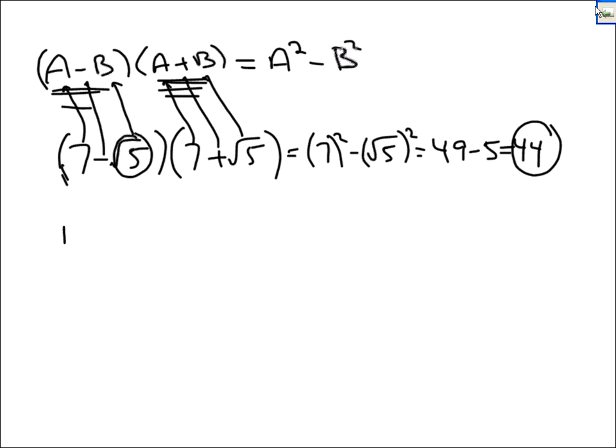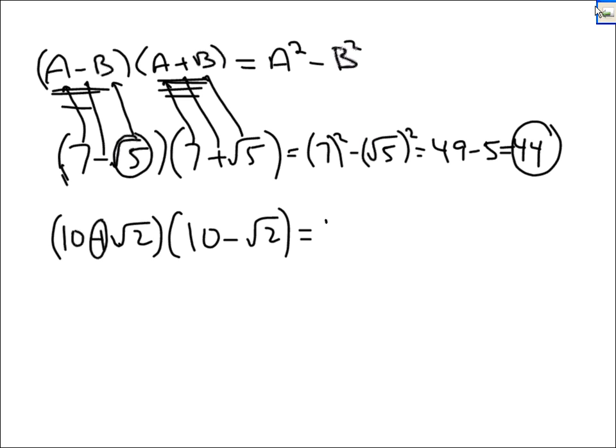If you have 10 plus radical 2, what would you multiply this by to get no radicals? The answer would be the conjugate. If that's plus, I'm going to write minus. So you get 10 squared minus square root of 2 squared, which is 2. You get 98. Problem's done.